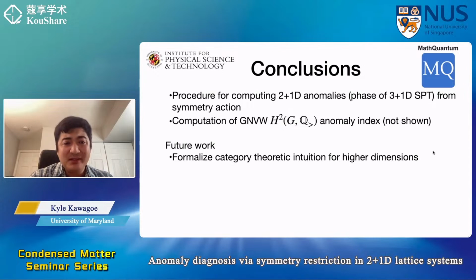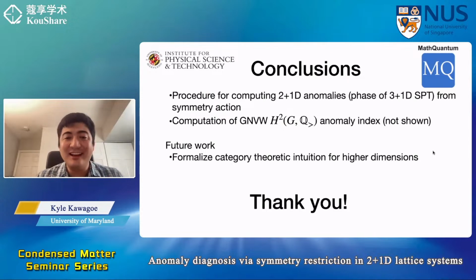And as was mentioned in the middle, there's this sort of GNVW index, which is sort of an obstruction to following our procedure exactly, but there's always a way to cancel out the GNVW index in a canonical way in order to fully extract this four cocycle. And we can compute this two cocycle valued in positive how this higher category theoretic formalism fits into higher dimensional systems. So thank you again for the invitation to speak.